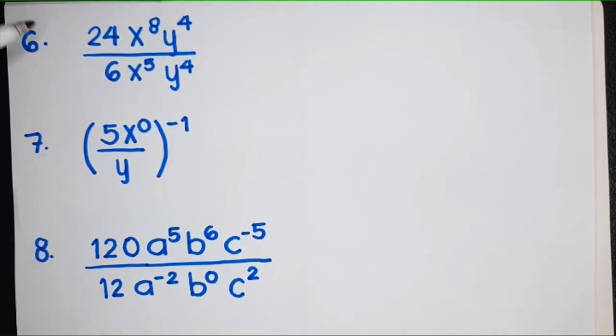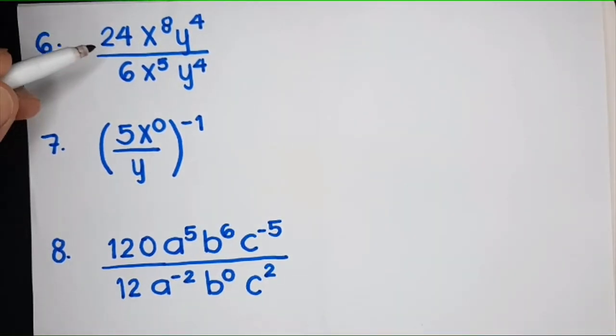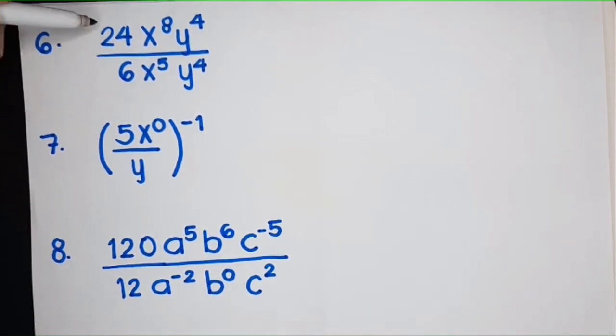What about if you have this expression? Okay? Walang zero exponent. Walang negative exponent. How are we going to simplify? So, we simplify this expression by grouping expression with the same variable. Okay, what do I mean by that? Kunyari, itong 24 at saka 6, they don't have any variable.